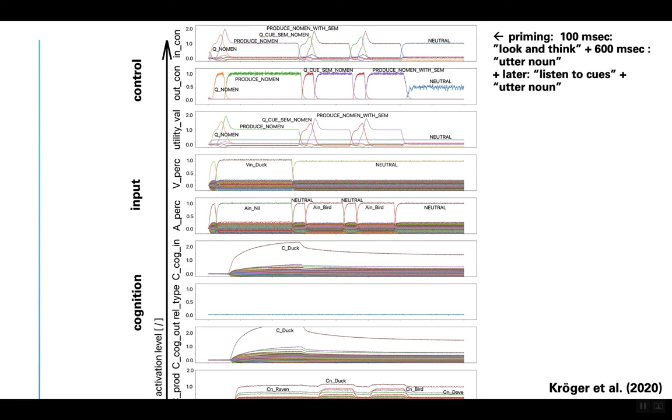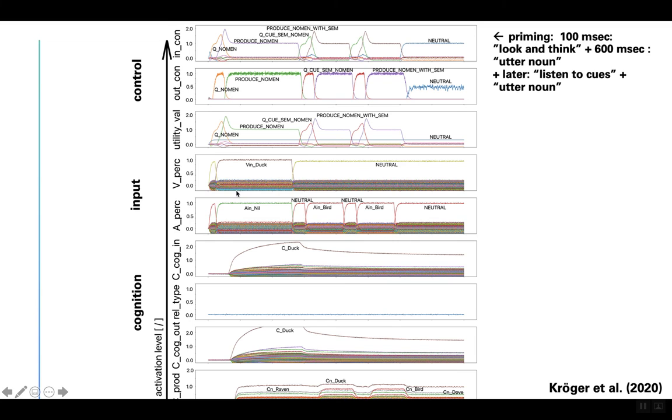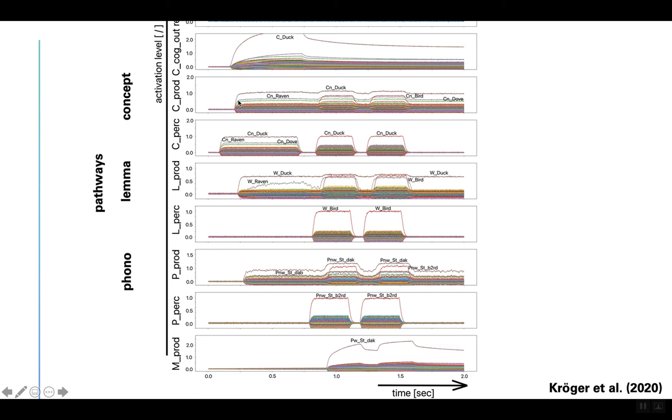So the next example is a semantic cue. The input word is duck, and we give a semantic cue: a duck is a bird. And what we see here, looking at the production level, is the production activity on the production path for the word duck, which is correctly identified from the visual input, but it is just on the tip of the tongue of the model, and it can't be produced.